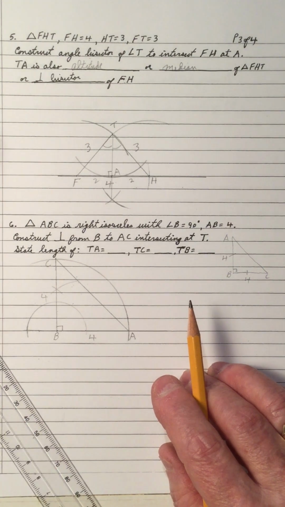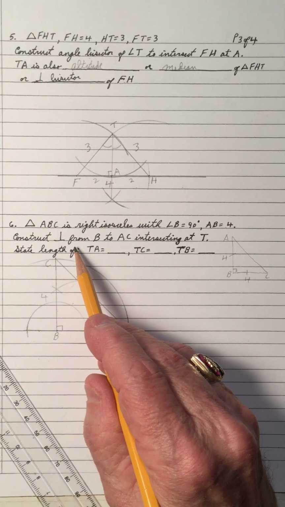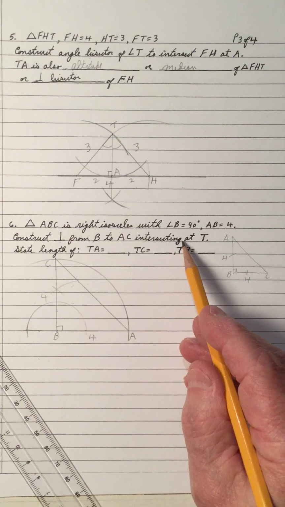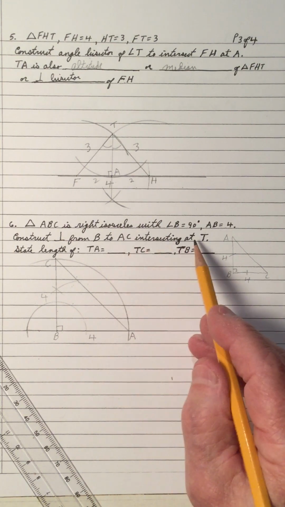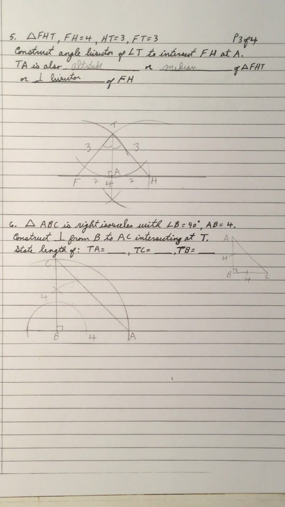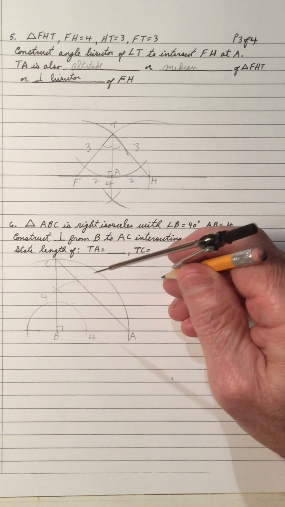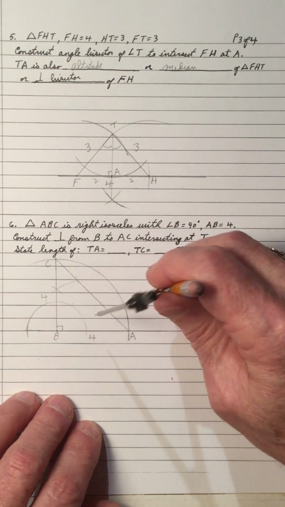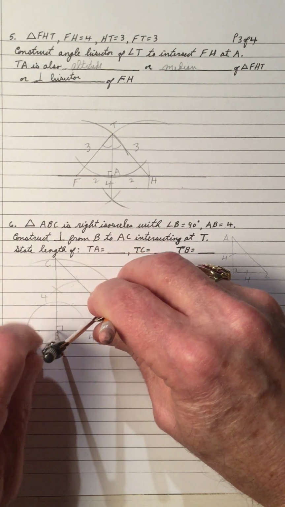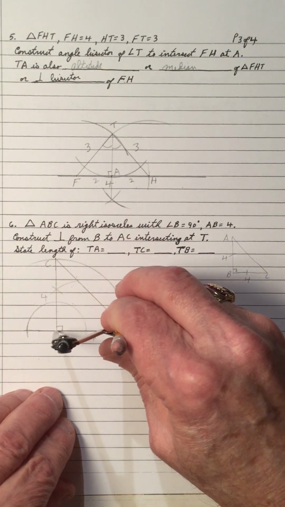Now, it says construct a perpendicular from B to AC, intersecting AC at T. So how do we construct a perpendicular? Well, we use our compass. It has to go from B to AC. So there's B. Put our compass down. And remember, it's intersecting here twice.